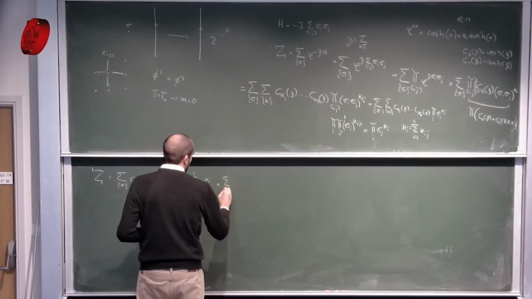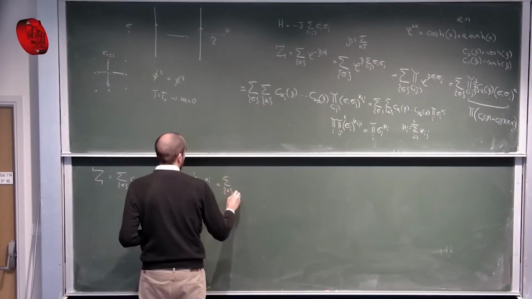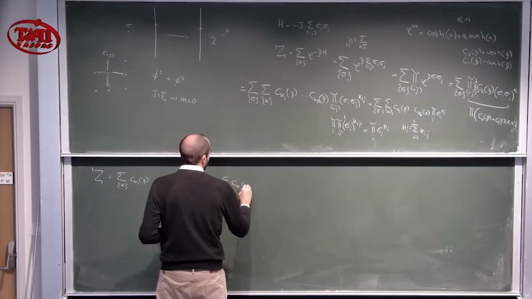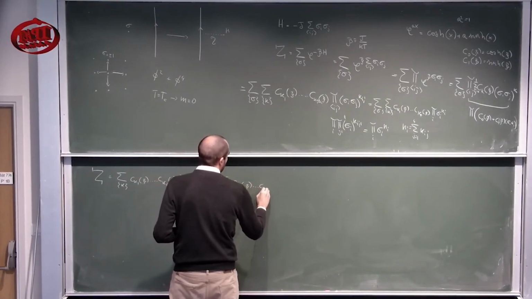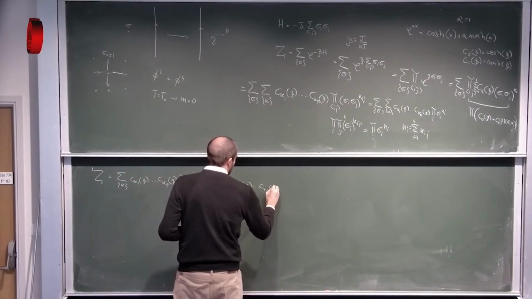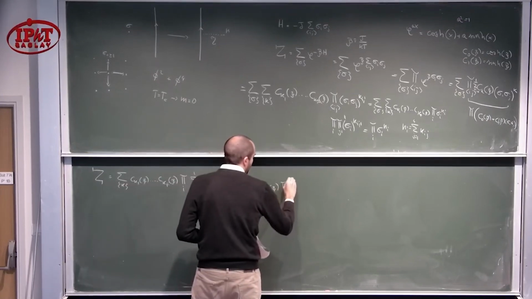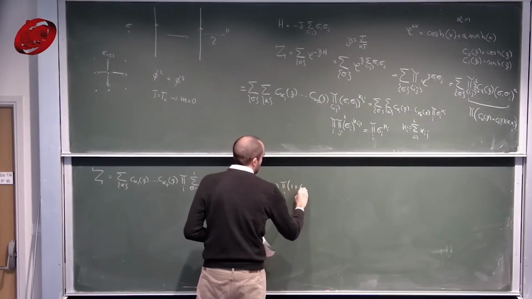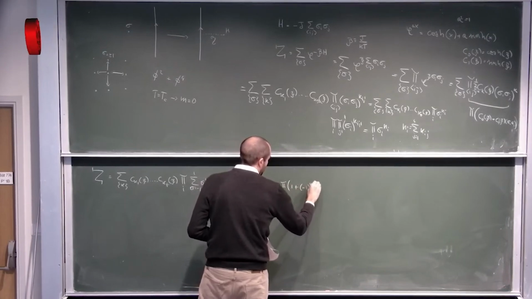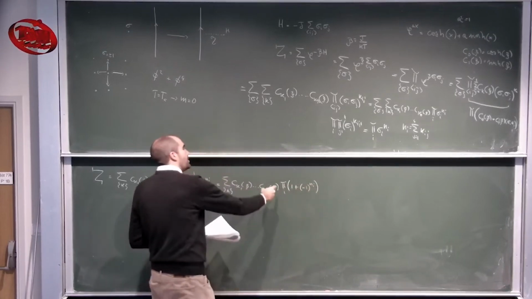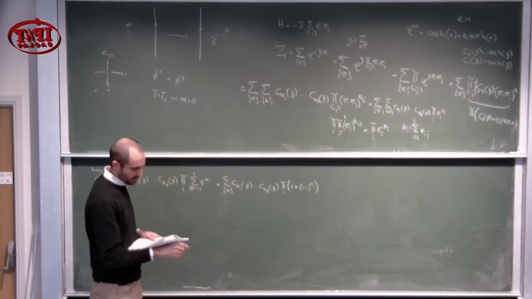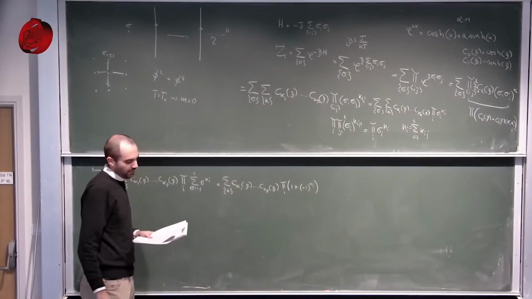And so the first piece stays the same. And here we have a product over I of 1 plus (-1) to the n I. And so you see this is non-zero only when this n I number is even.